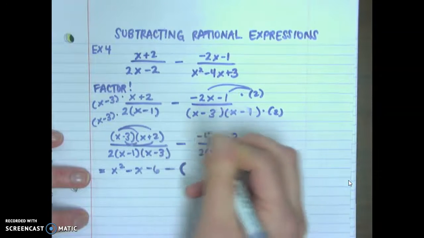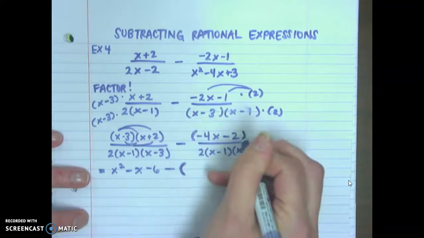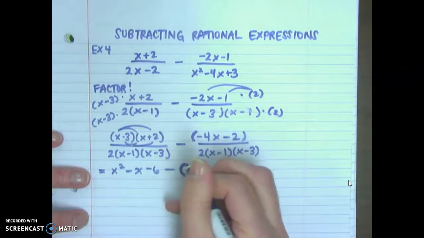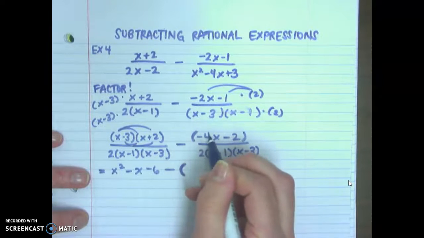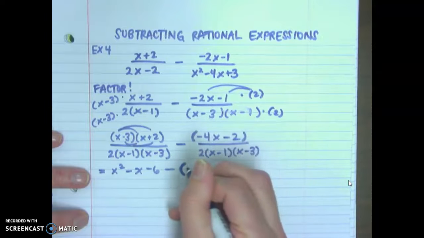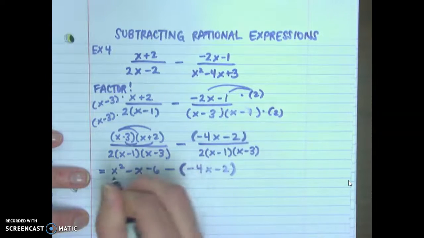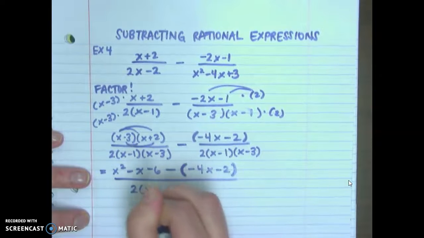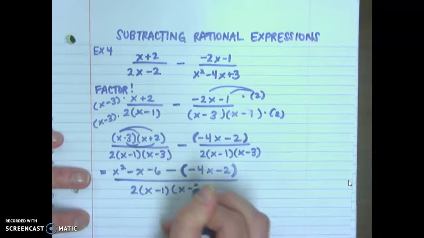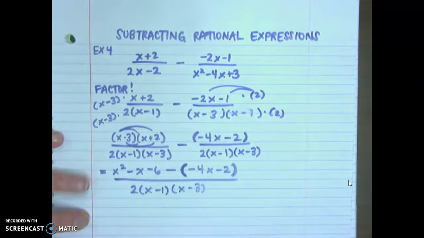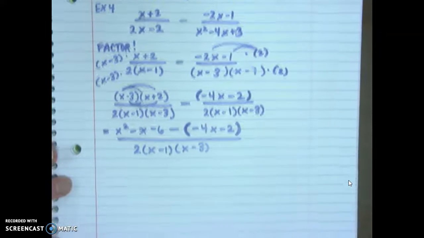Anytime you're subtracting a whole binomial expression, I put parentheses around it to remember to subtract both terms in that binomial. All over my common denominator, 2 times x minus 1 times x minus 3. Remember, the common denominator stays common.